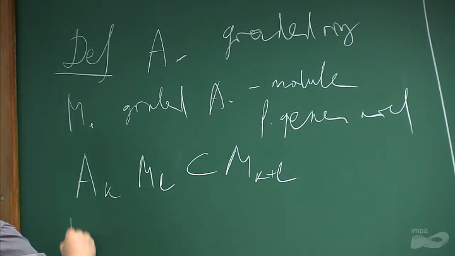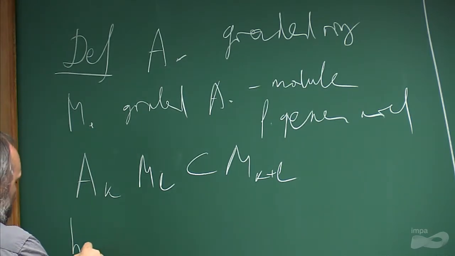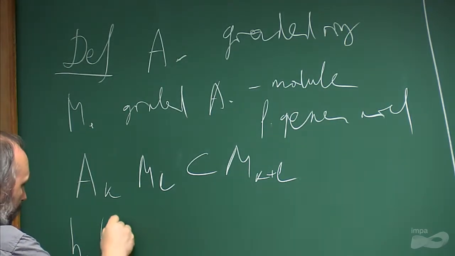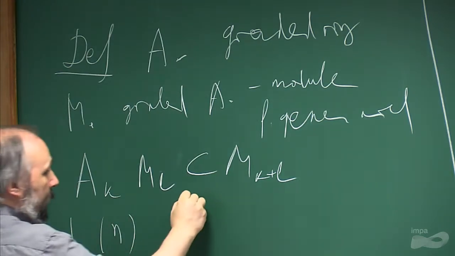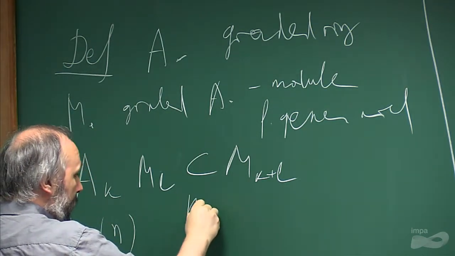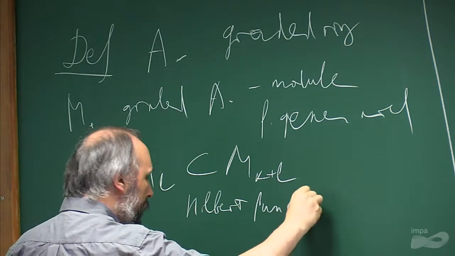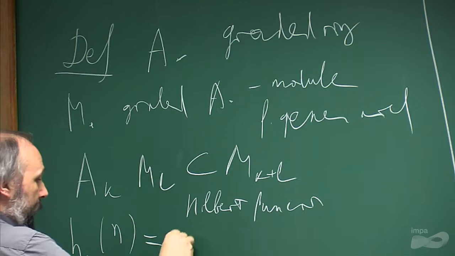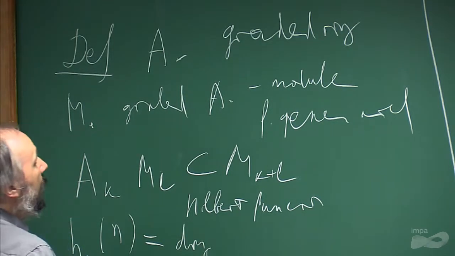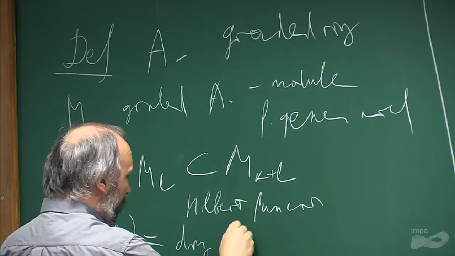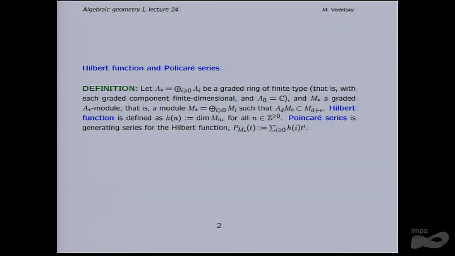Then H_M of n, it's called the Hilbert function, is equal to the dimension over C of M_n. Here I assume that A is finite type.